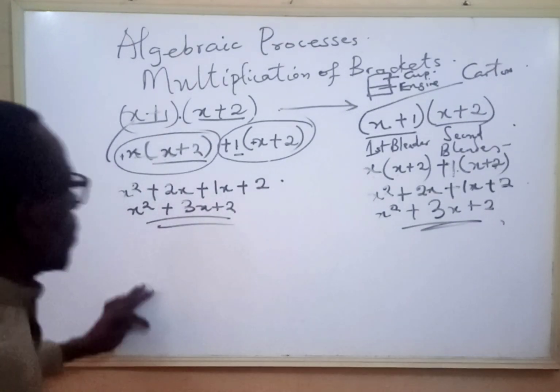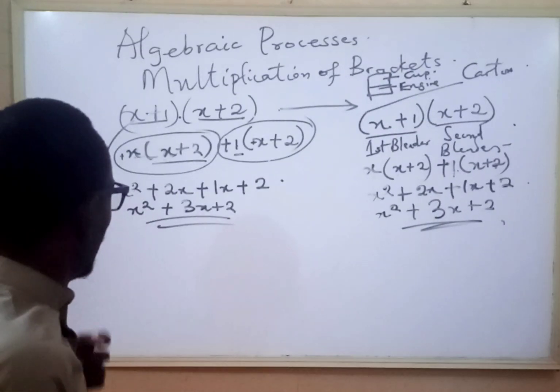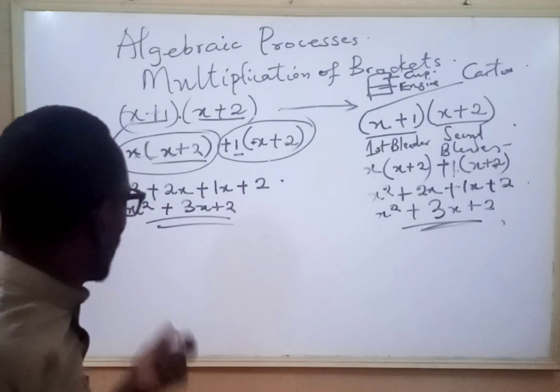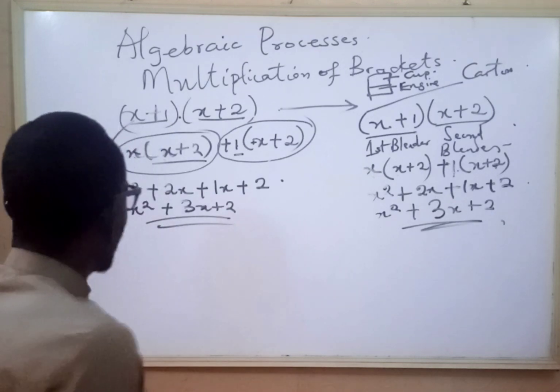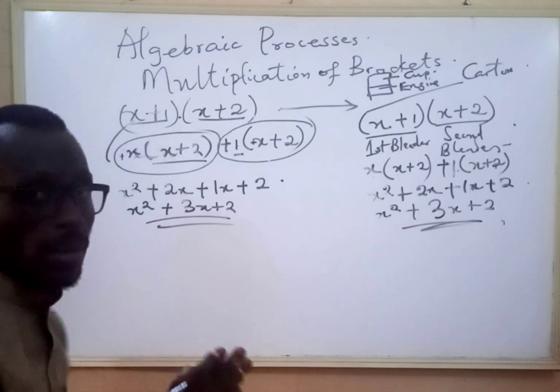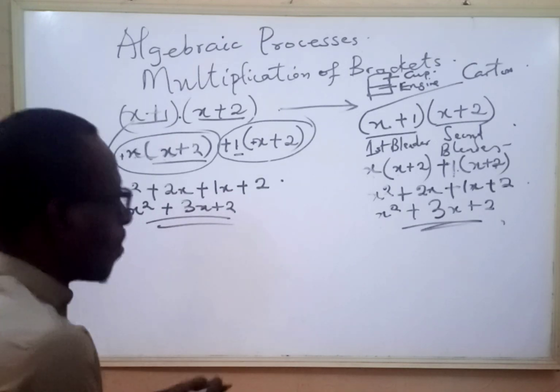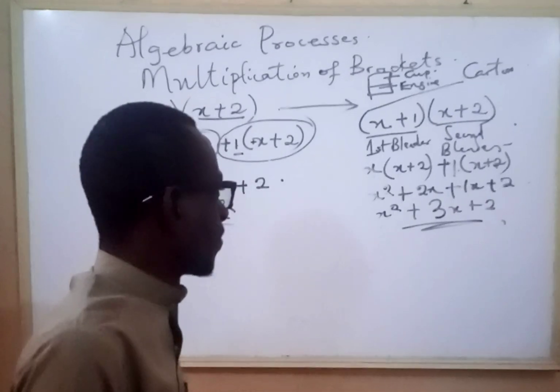This is the simplification of the multiplication of brackets. We cannot simplify this further because we do not have any like terms. Every term stands on its own.